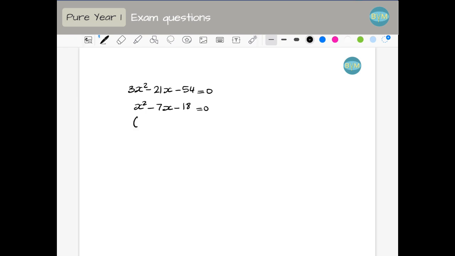When I factorize this, I have x minus 9 and x plus 2. It's quite simple. So my roots: x is 9 or x is minus 2.